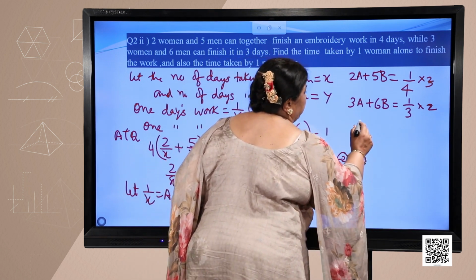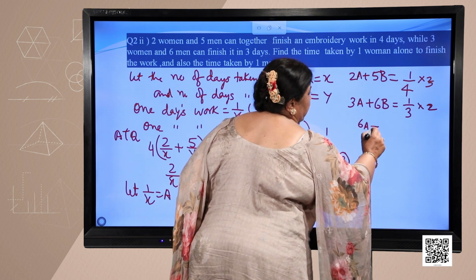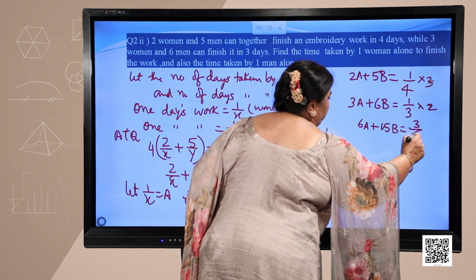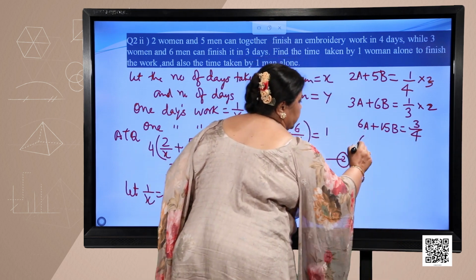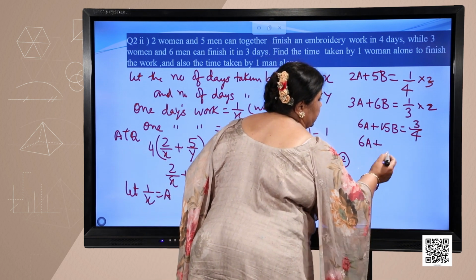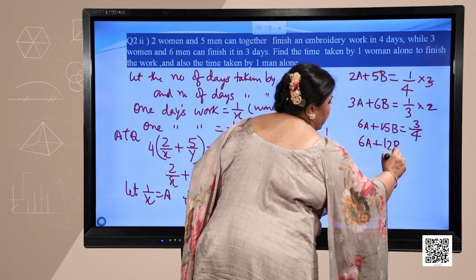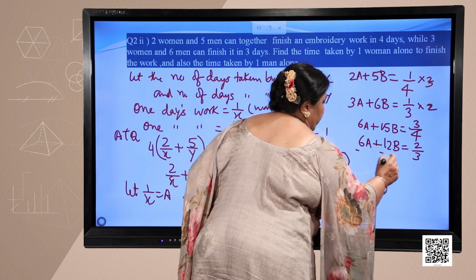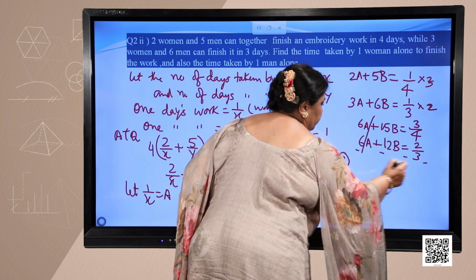So, I get here 6a plus 15b is equal to 3 upon 4 and 6a plus 12b is equal to 2 upon 3. Same sign we subtract.